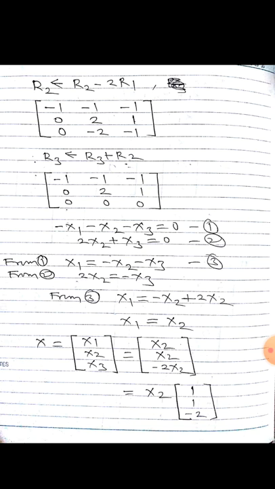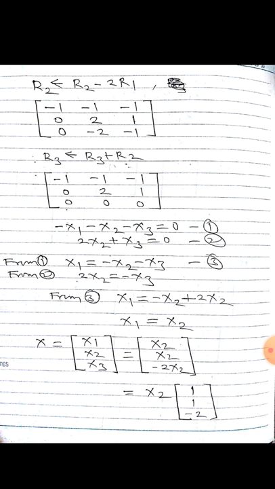minus x3. Okay, and from equation 2 we can write 2x2 is equal to minus x3. From 3 we can substitute x3 as minus 2x2 there. So minus of minus, that is plus 2x2.